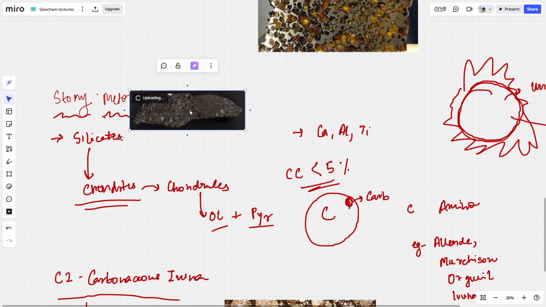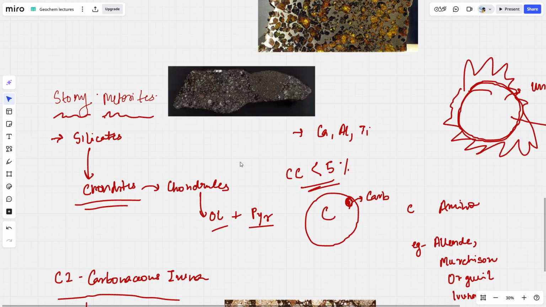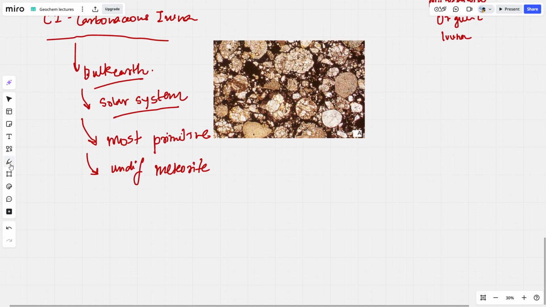This is a stony meteorite. And this is a carbonaceous Ivuna. Okay, fine.